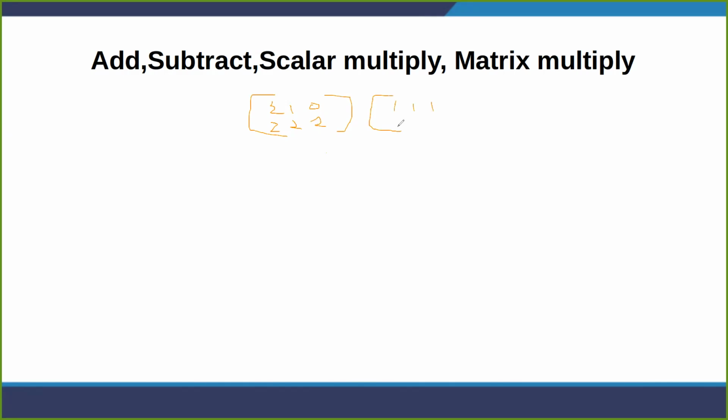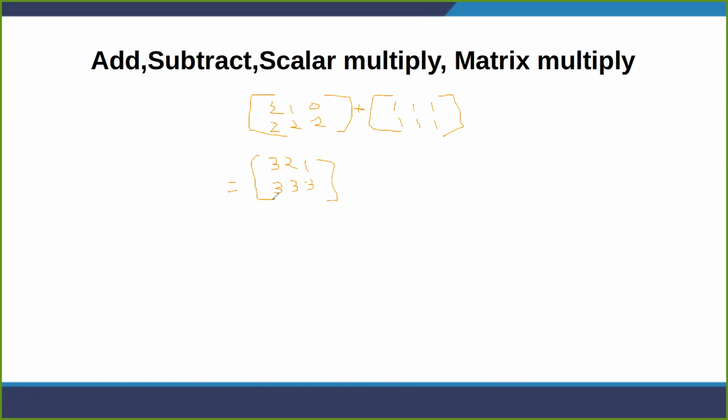Let's say it is all 1s. You need this same shape to add. If you add it, then the result will be 3, 2, 1, and 3, 3, 3.